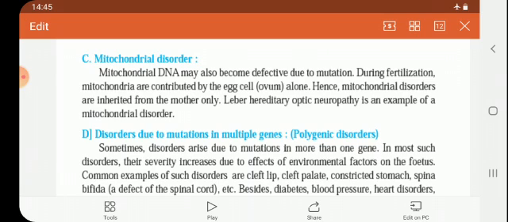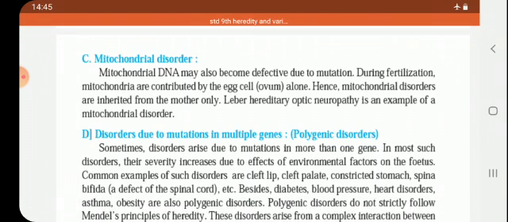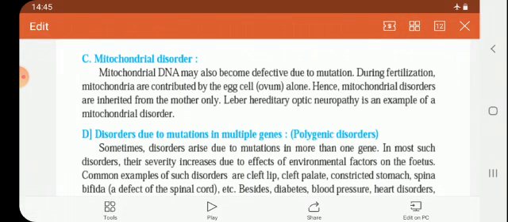One example is Leber hereditary optic neuropathy, a mitochondrial disorder. Therein there is an eye problem. The child has a vision problem, the front vision is not so clear. But it is not so common.